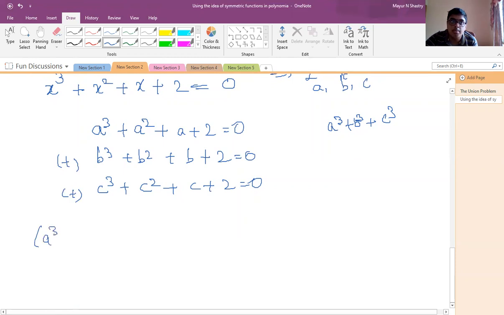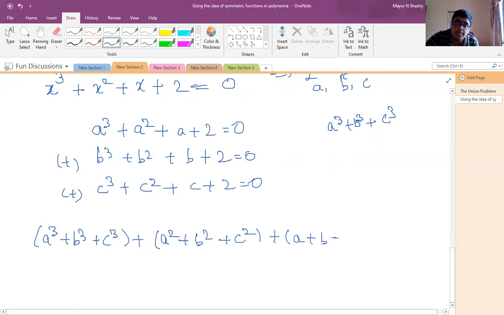So we get a cube plus b cube plus c cube plus a square plus b square plus c square plus a plus b plus c plus 6, 2 times 3, equals 0. a cube plus b cube plus c cube, that is our k. We usually represent this as sigma of a cube, which would imply a cube plus b cube plus c cube.